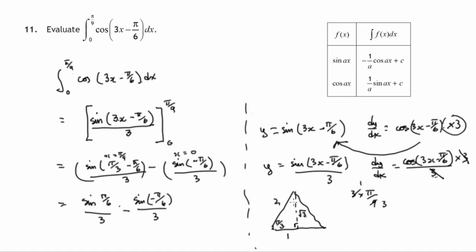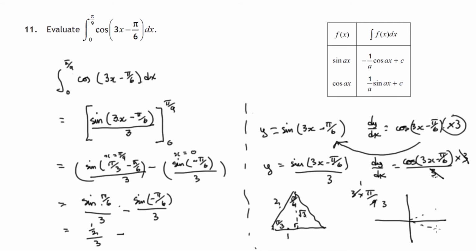We're interested in half of that, which is pi upon 6. So the sine of pi upon 6 is opposite over hypotenuse. That's 1/2. So this one is 1/2 divided by 3.